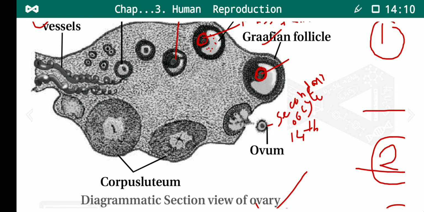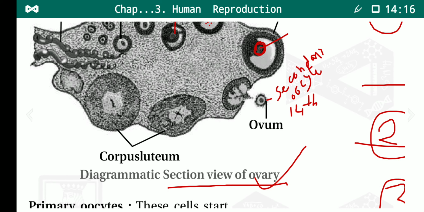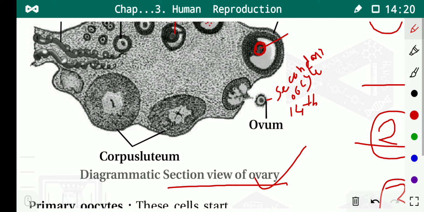Later on, this Graafian follicle converts into the corpus luteum. Here is the corpus luteum. The outer layer of the Graafian follicle converts into the luteum.